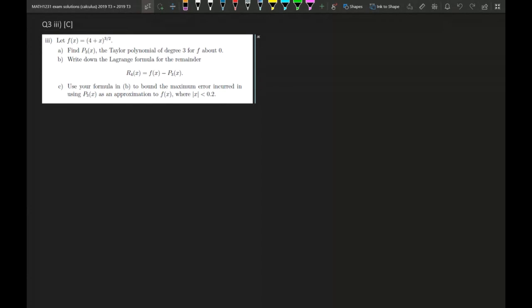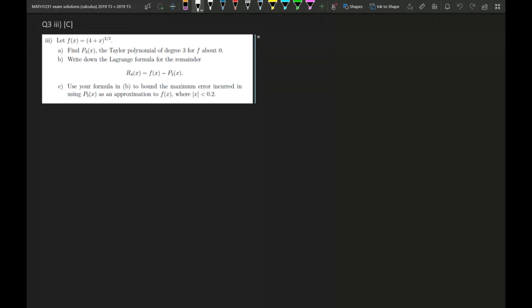So this is another Taylor series question, and in this case, you need to write down the Taylor series polynomial, use that to talk about the Lagrange remainder, and then use the Lagrange remainder to get an upper bound for the approximate error. Jonathan has already written down the Taylor polynomial, so I might not do that.